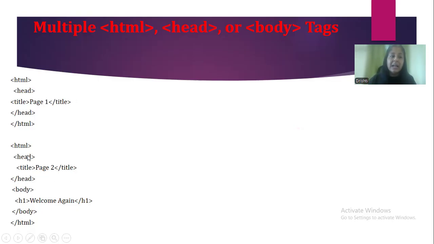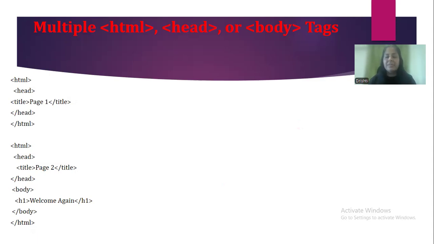Inside that, title, and I have closed the head tag. And then body, this is the heading tag. Body close and then HTML close. This also has no error. But if you people are combining these two things, then in that case, students, you might receive an error. So remember one thing, always make it a habit of using these tags only once.